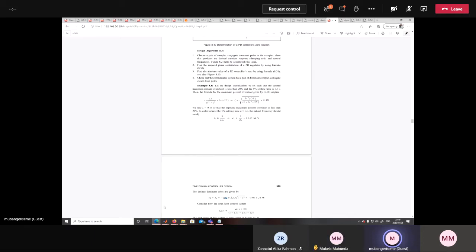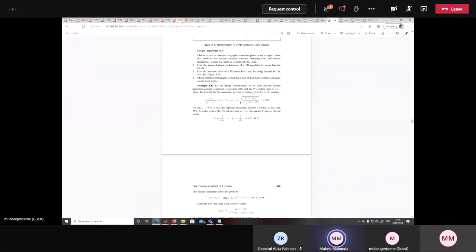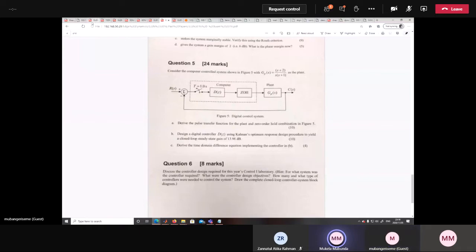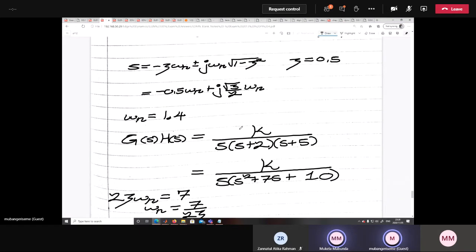Because what you have is you've got the angle and you've got zeta. So now, sketching the transfer function using the normal procedures Prof calls it.